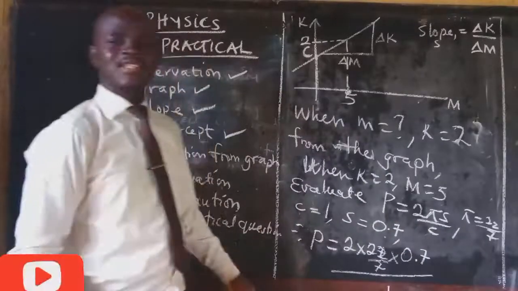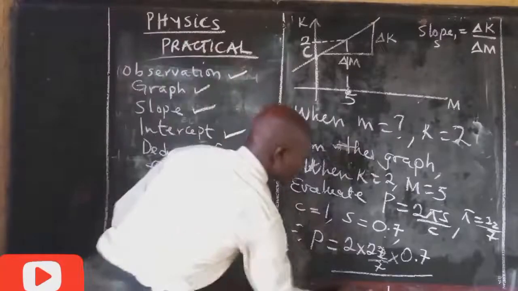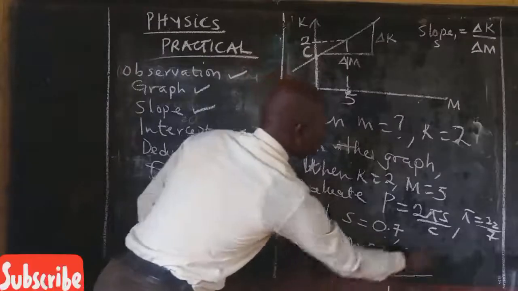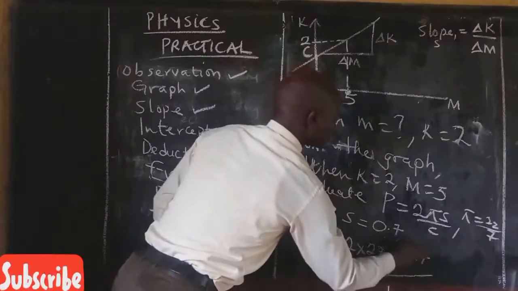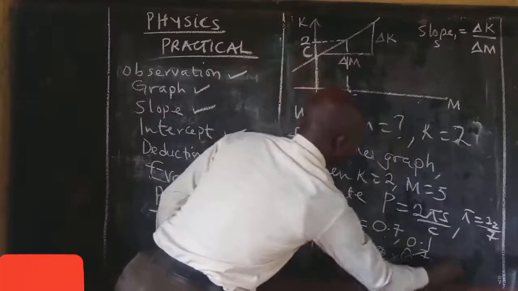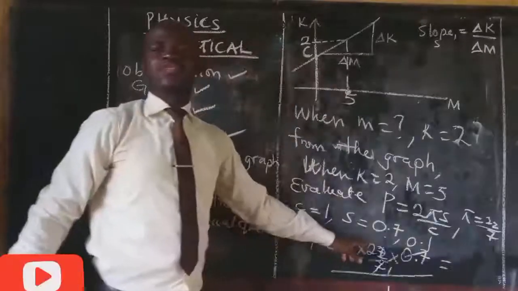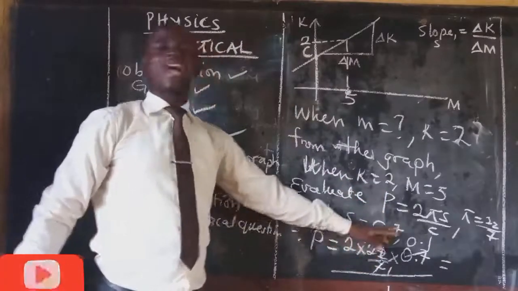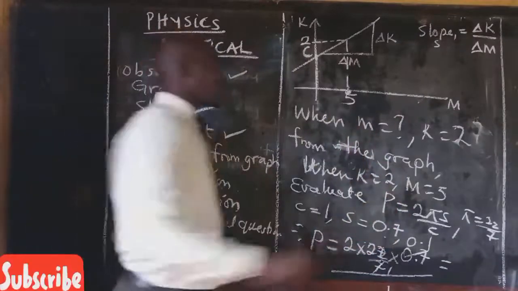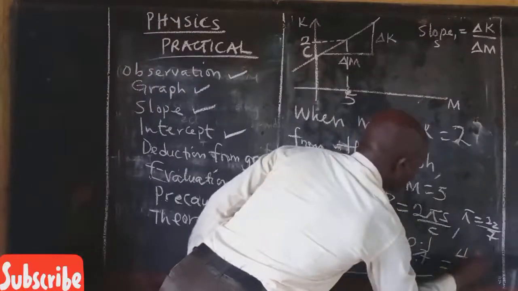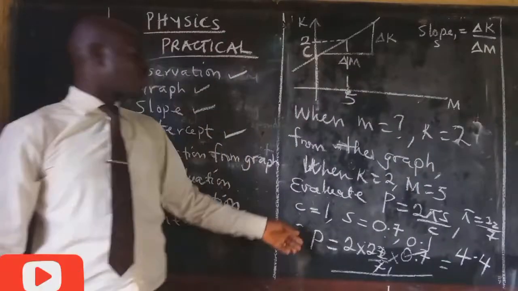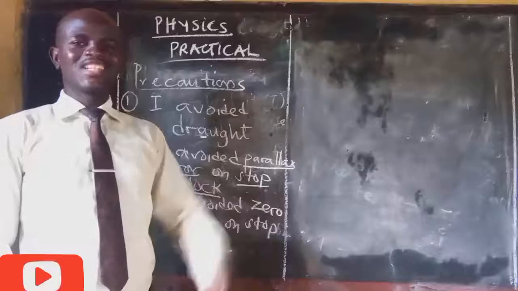Now, 7 into 0.7 is 0.1. We now have 2 times 22 to give us 44. 44 times 0.1 will give us 4.4. So that's just about evaluation.